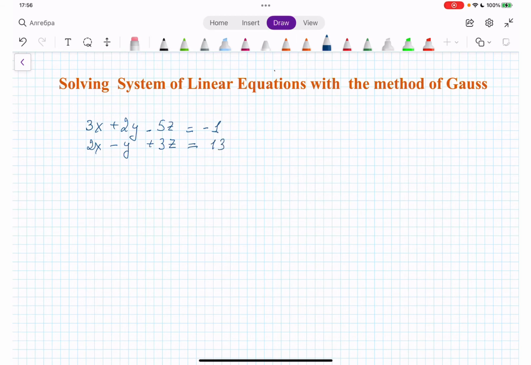And next, x plus 2y minus z is equal to 9. This is our system of linear equations that we are going to solve.